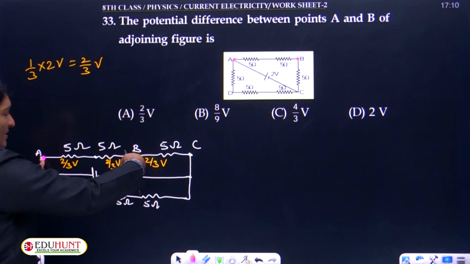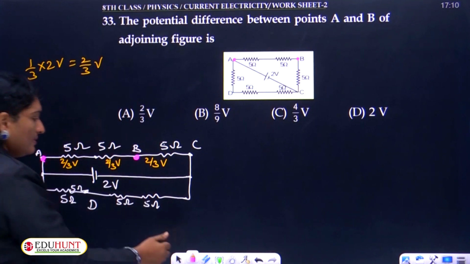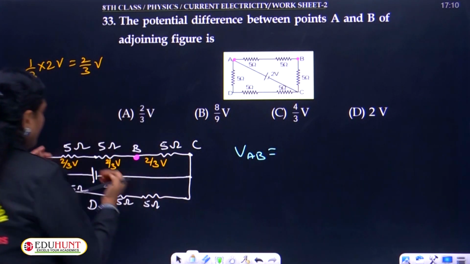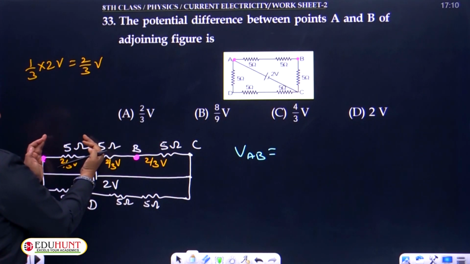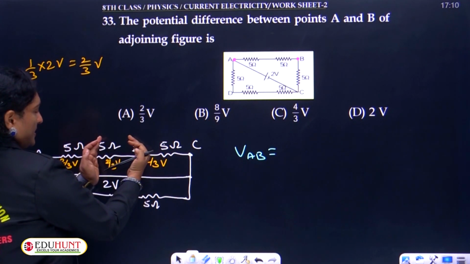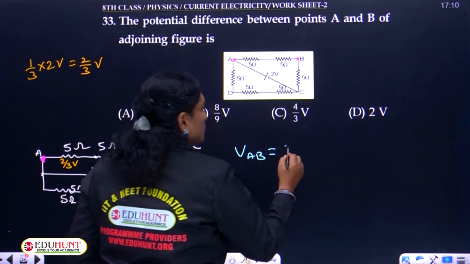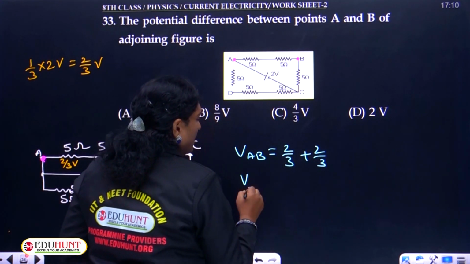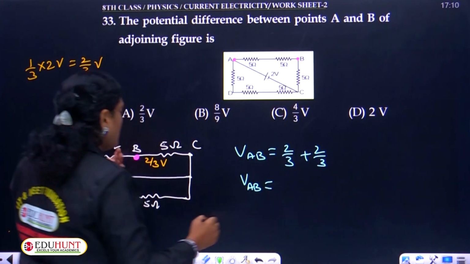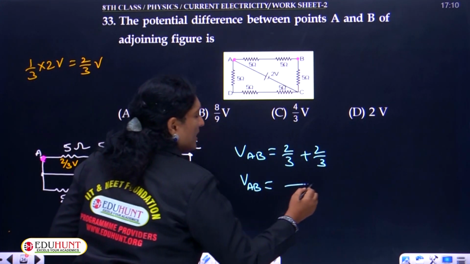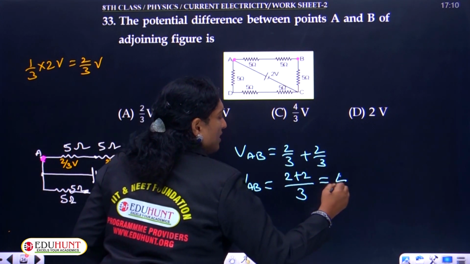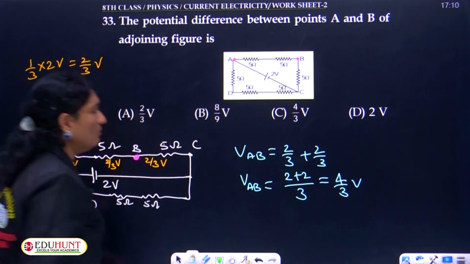The total potential between A and B, that is VAB, is the potential from this end to this end and again from this end to this end, 2 resistors, that is 2/3 volts plus 2/3 volts. So VAB equals, taking LCM 3, 2 plus 2, so this is found to be 4/3 volts.